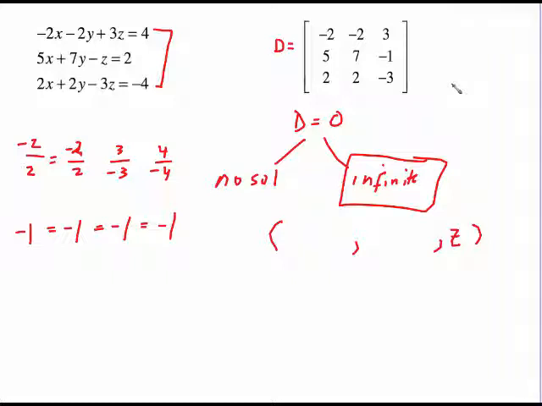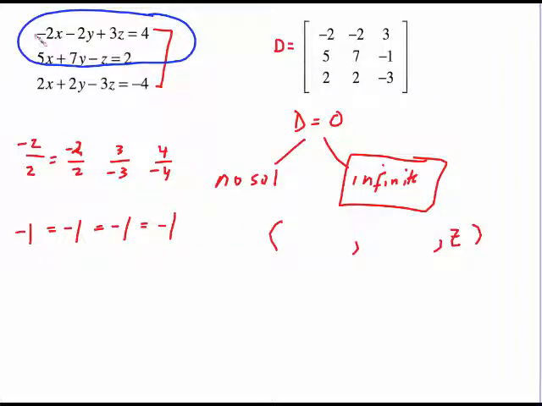Now what I would do to come up with the x and the y expressions, I would go back and solve this by elimination. If you do elimination on these two equations, you're going to get 0 equals 0, and that's not helping you any. So I would do elimination on these two and eliminate either x or y. Do not eliminate z.